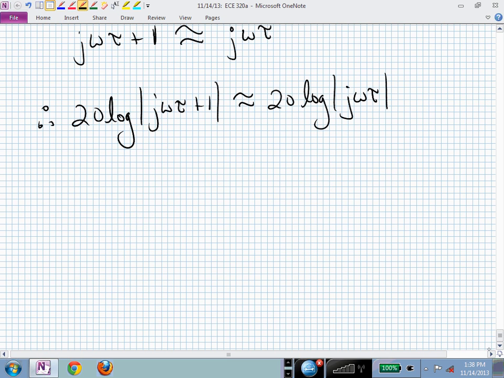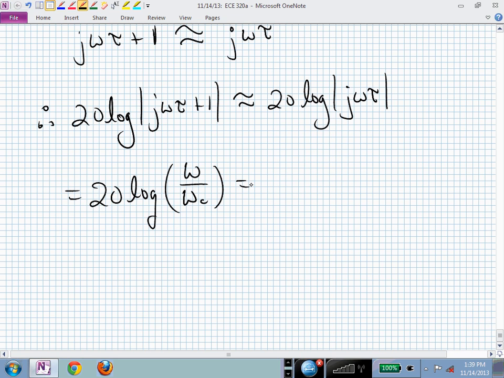But what's the magnitude of j? 1, isn't it? So this is now equal to 20 times the log of omega times tau, but tau was 1 over omega c. So this is now omega over omega c.